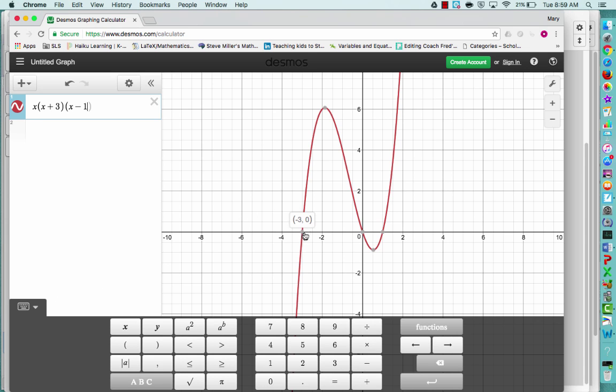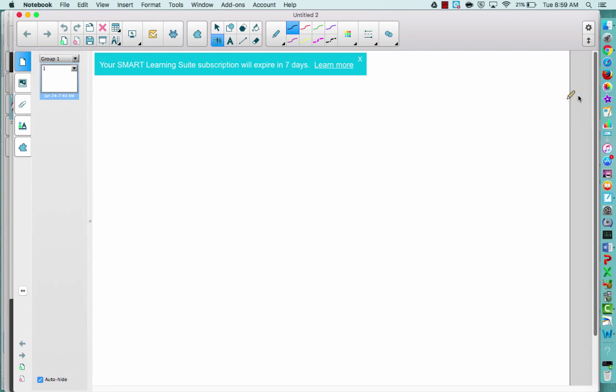It has that 0 at -3, that 0 at 0, and that 0 at 1, that x-intercept. Yes, it goes up a little bit higher, and we're going to talk about how we get those points. This is actually called a relative max up here at the top, and this one's called a relative min. And I am going to be talking about them in the next lesson. But for now, let's just focus on those zeros and the end behavior together.